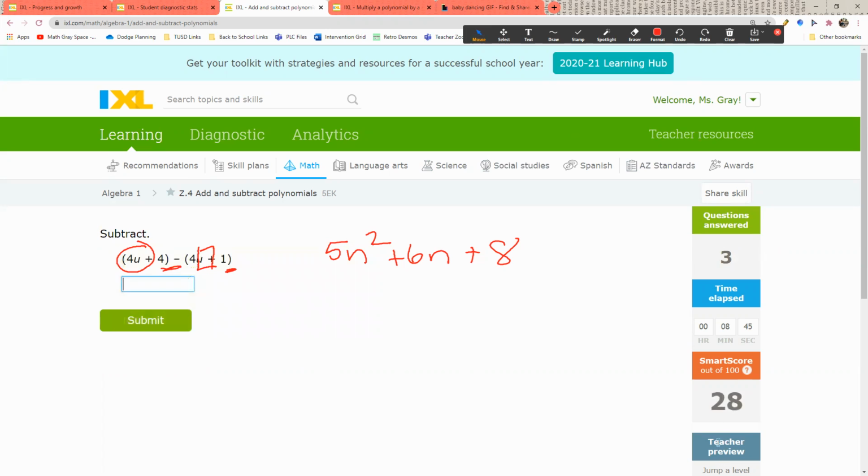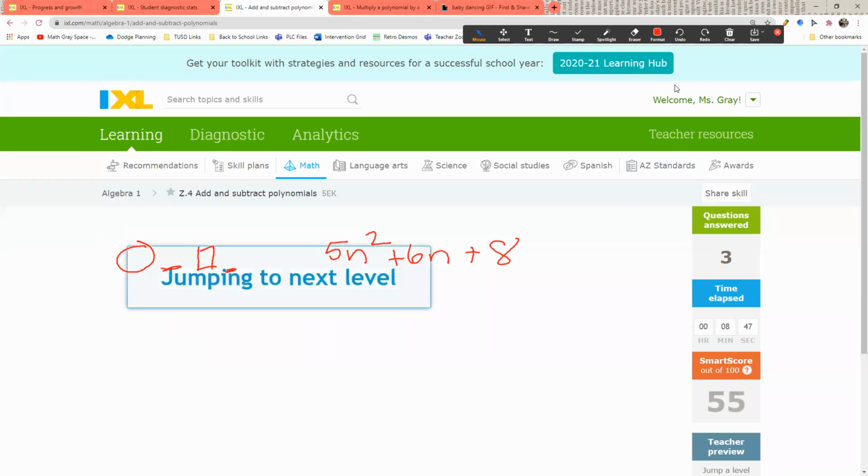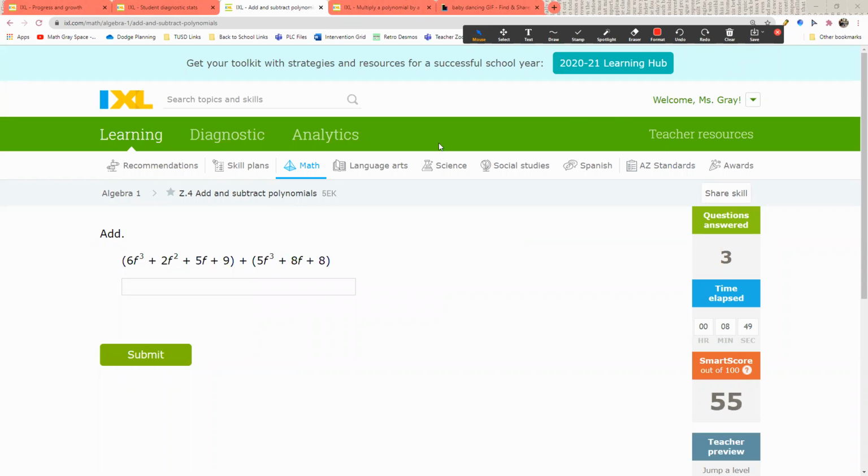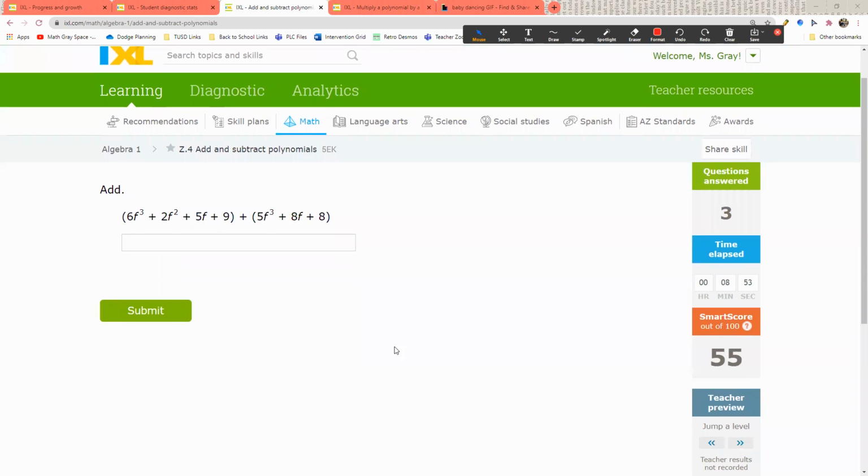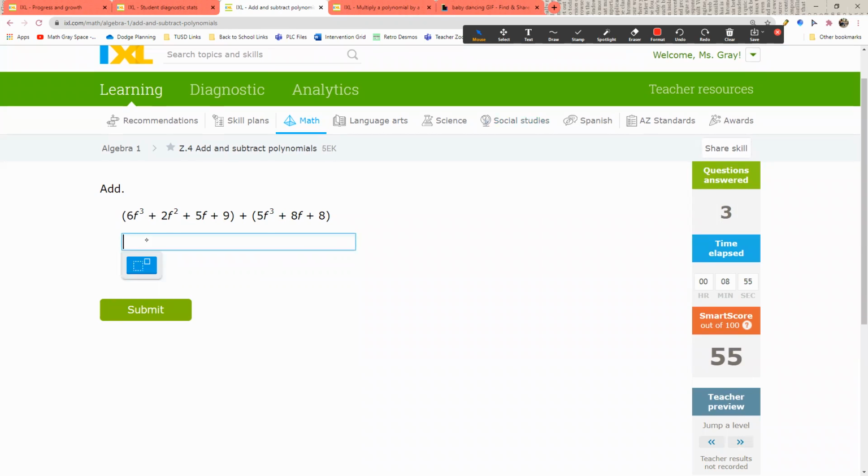So I feel like this is probably something that you're going to be able to handle all right without a whole lot of help, because it is really stuff you've done before. If you're doing a jump up in the level, it's really just adding more pieces. So I have 6 and 5 here, and then I have 1f squared, and then I have 1f, and finally 8 and 9.